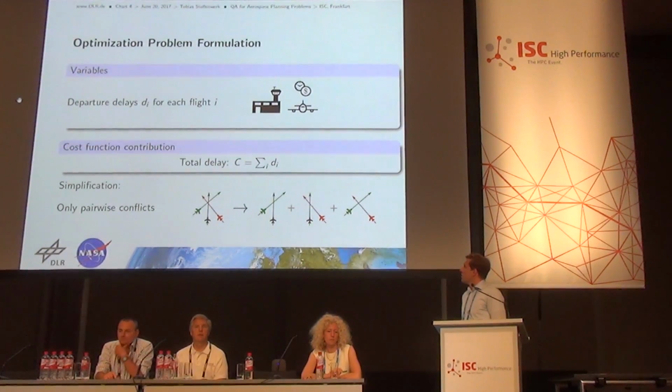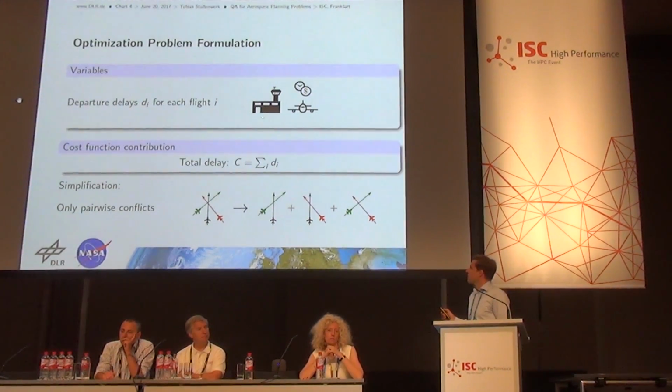So first of all, let's try to formulate our optimization problem. The easiest way to avoid a conflict is to just keep the flight on the ground for a certain time. So these are the departure delays.